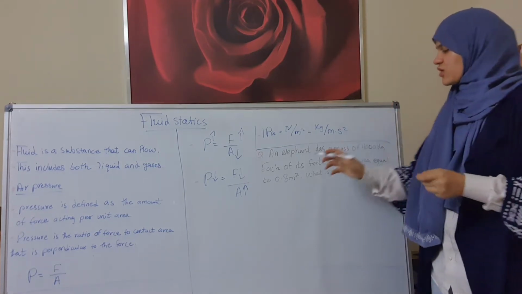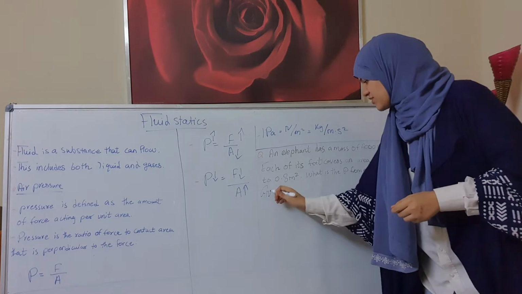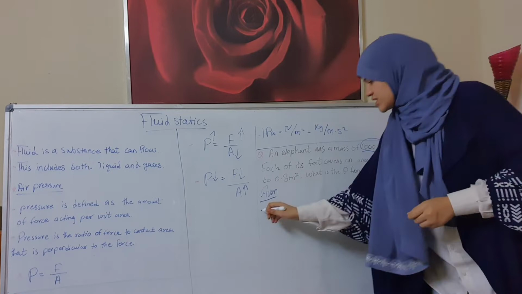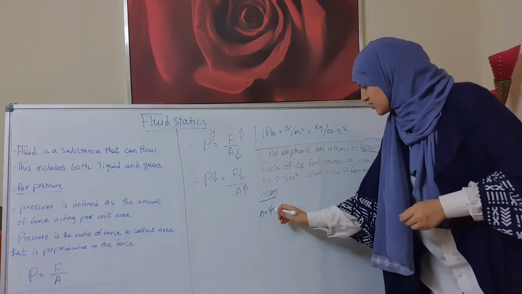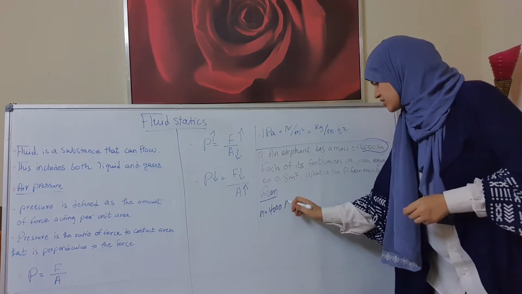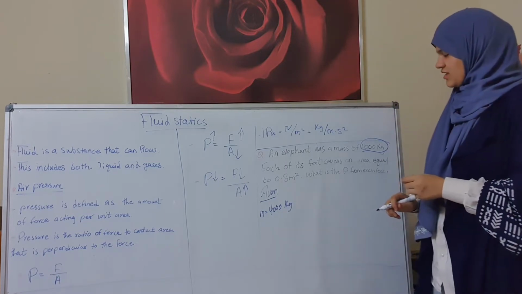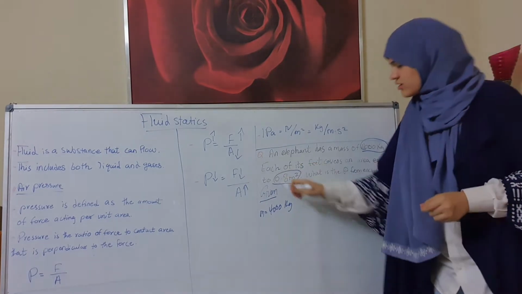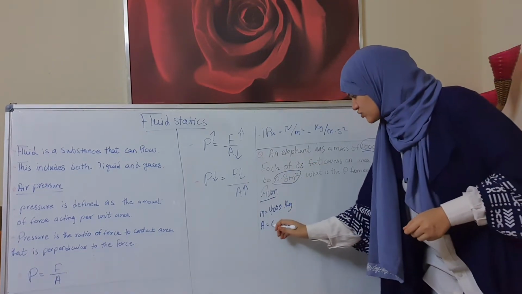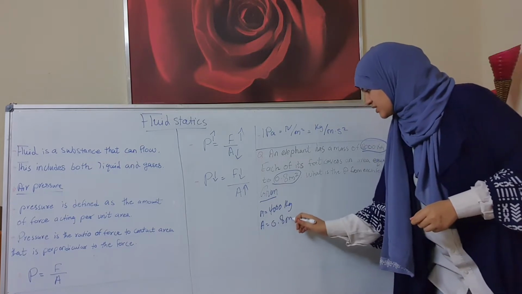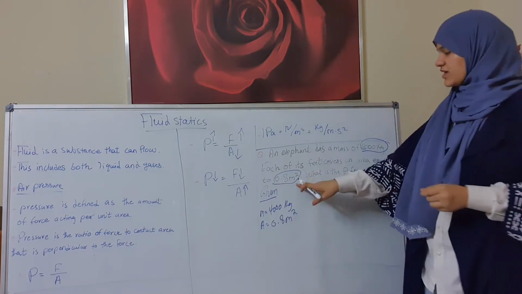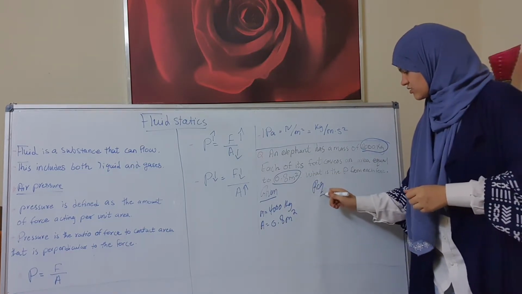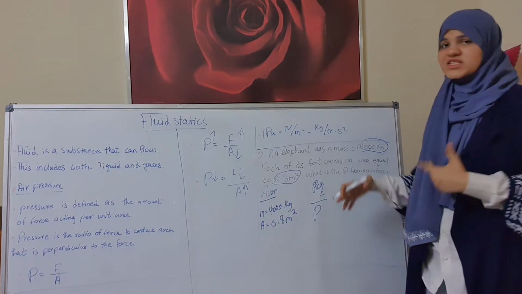First of all, the given: we have the mass, which is 4,000 kilogram, and the area is equal to 0.8 meters squared. The required is pressure.